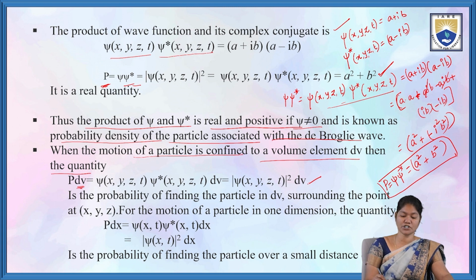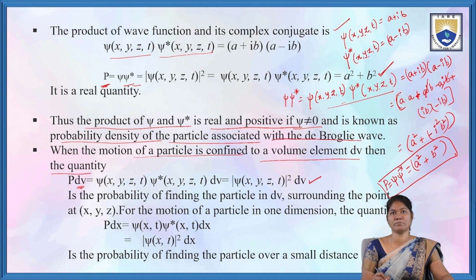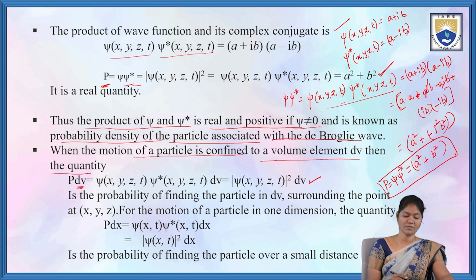This is the expression for the probability of finding the particle in dV surrounding the point x, y, z, in all three coordinates.